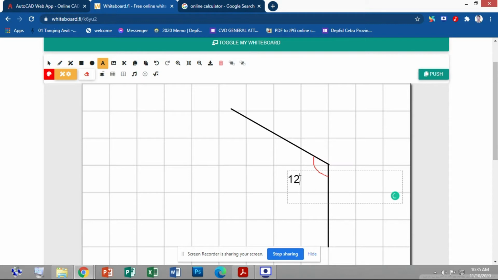Di ba? 125 yan. 125 degrees. Okay? So let us say ganyan lang. 125.